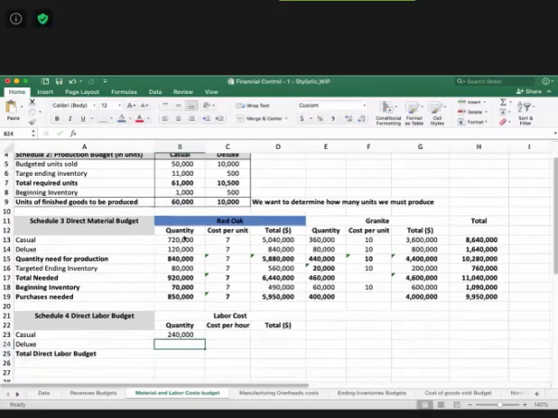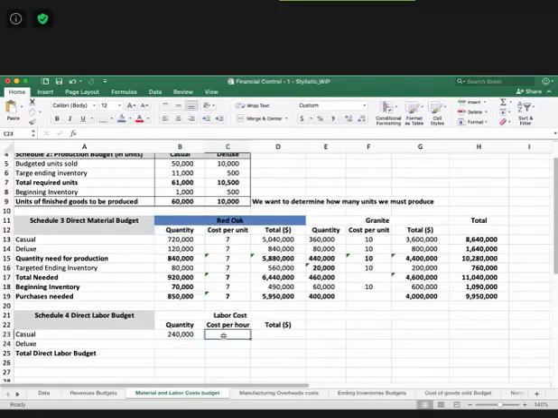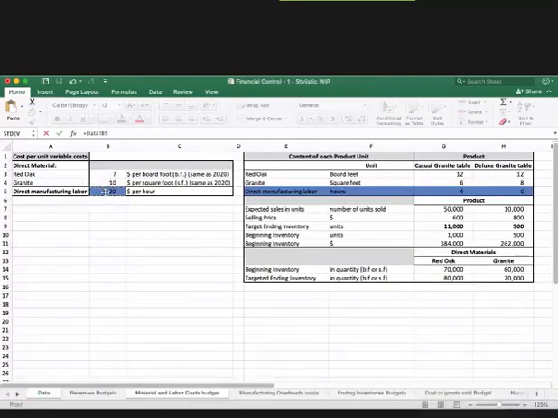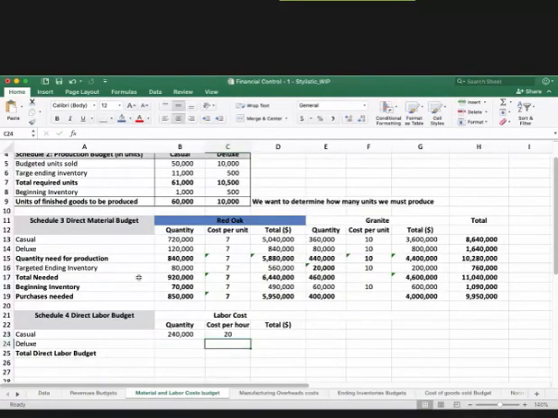So we need 240,000 hours. And each time we work 1 hour on a table during the year, it's going to be $20 that we pay, certainly including charges and everything. So the total is this.